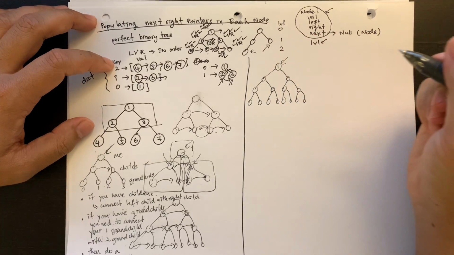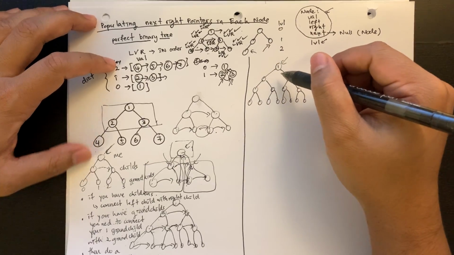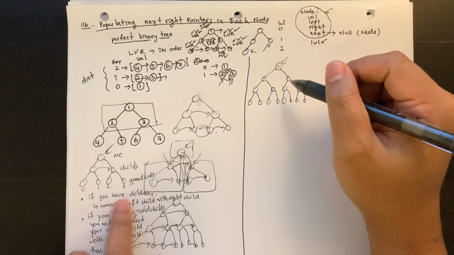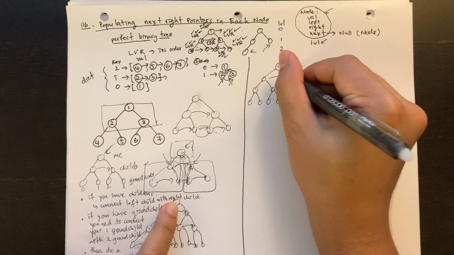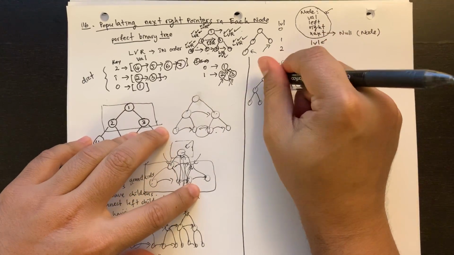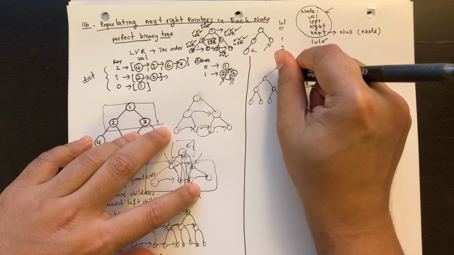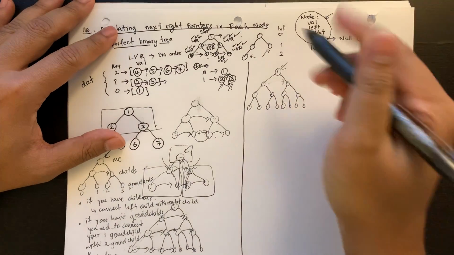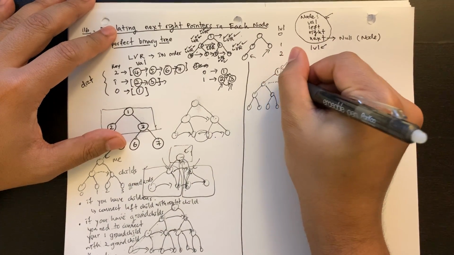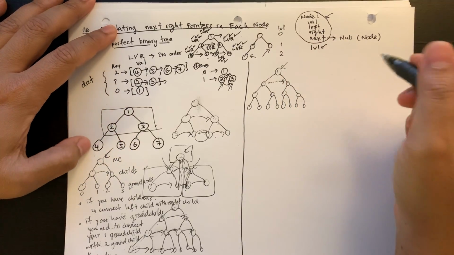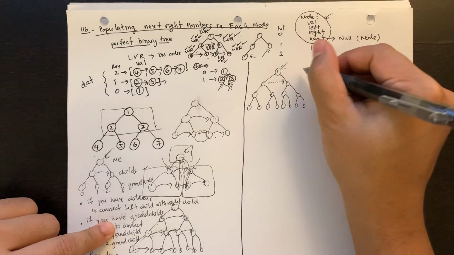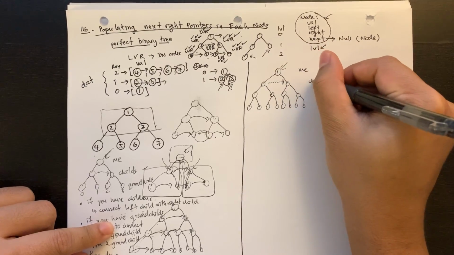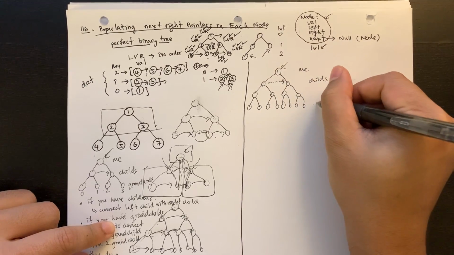Initially we are on this level, so if you have children, connect the left child with the right child. That's what I'm doing. Let's do a fancy dot dot dot.